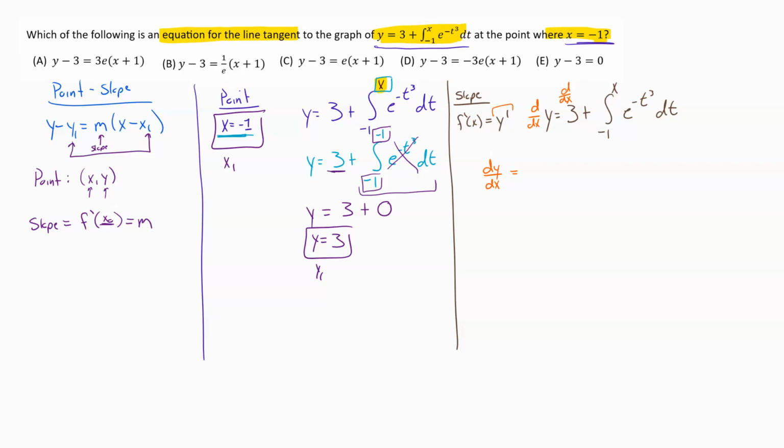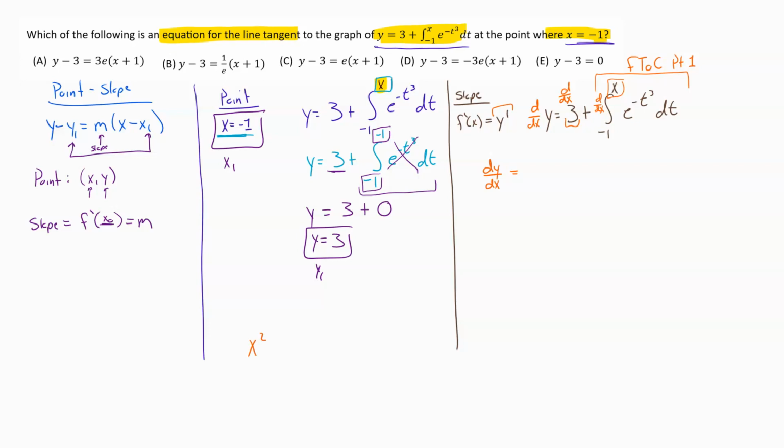And then as you work your way through it, the derivative of 3 would go away. The derivative of a constant is 0. And then again, when you see this x up here, this is what they refer to as the Fundamental Theorem of Calculus, Part 1. Remember that derivatives and antiderivatives cancel each other out. They're inverses of each other.